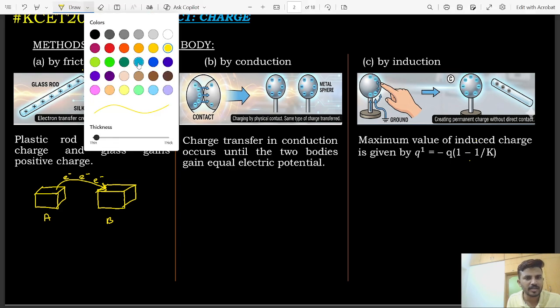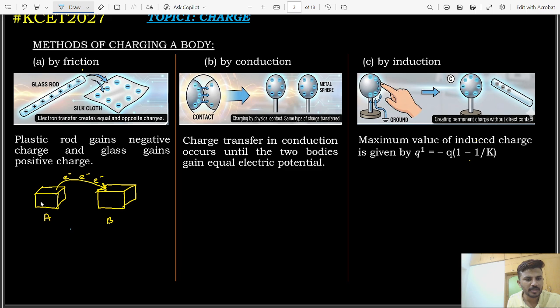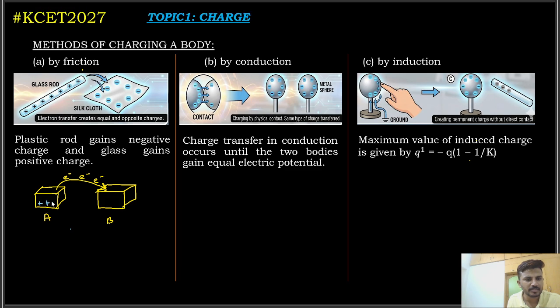Because of that, body A gains positive charge. The one which loses electrons becomes positively charged, and the one which gains electrons becomes negatively charged.